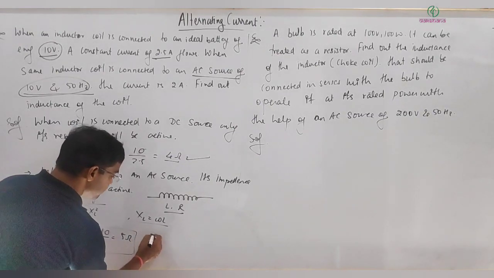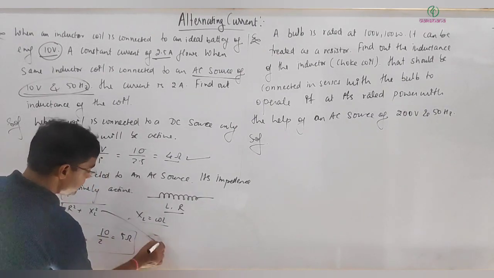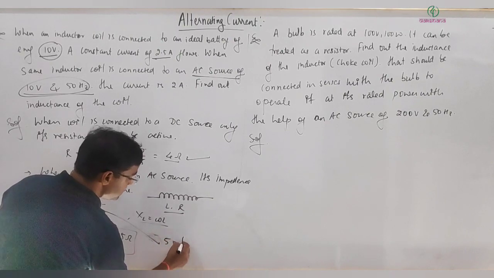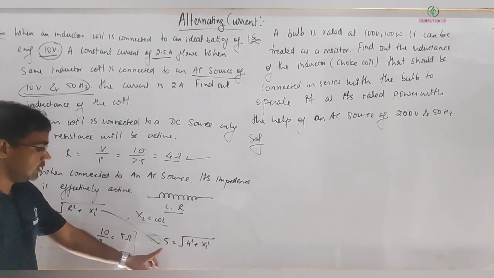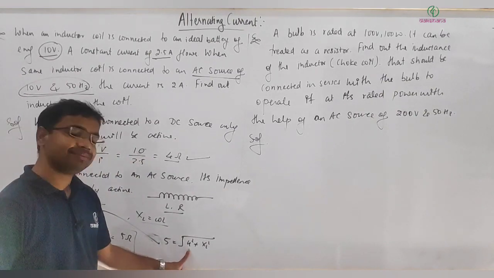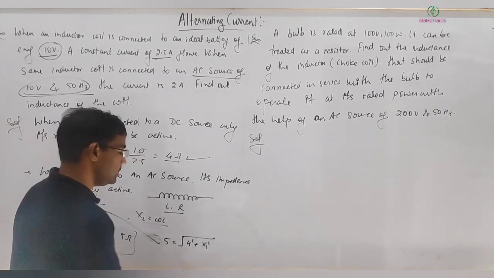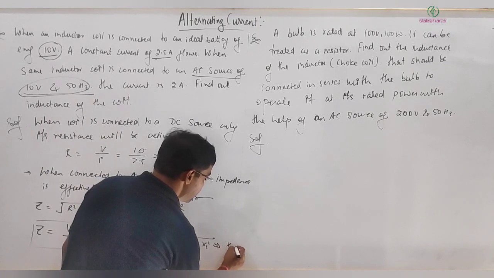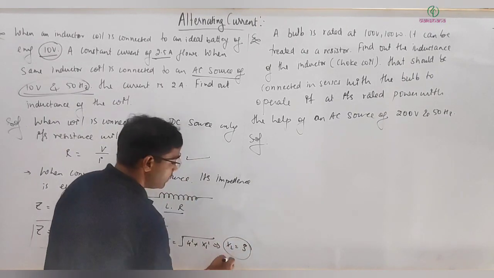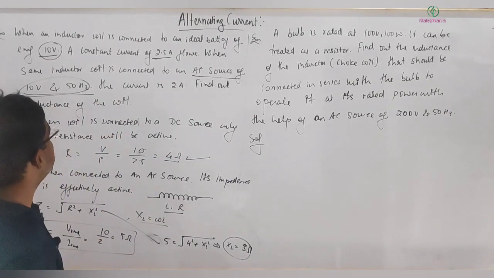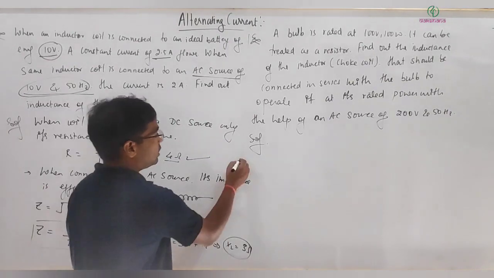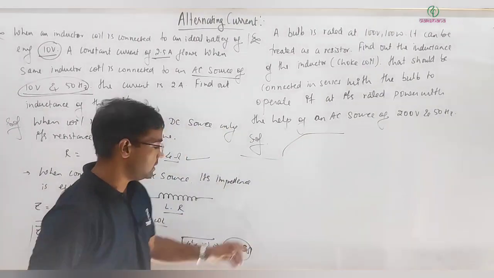So this implies 5 is equal to under root R, that is 4 square plus XL square. Squaring both sides, 25 equals 16 plus XL square, this implies XL is equal to 3 ohm. And if I have XL 3 ohm, then it's asked about the inductance of the coil.